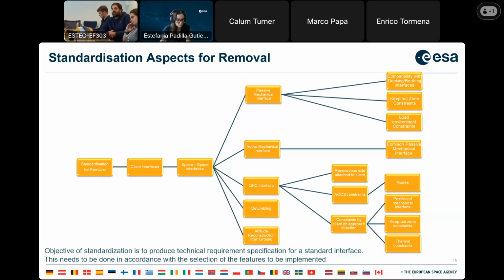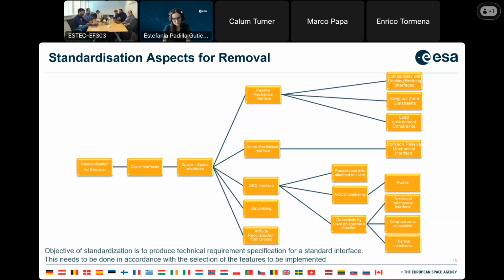These are all parts related also to the accommodation of the various hardware that needs to be accounted for in the removal. First of all, the position of this mechanical interface. Another point that is in common also with the active mechanical interface, it's the same value, is the keep out zone constraint.